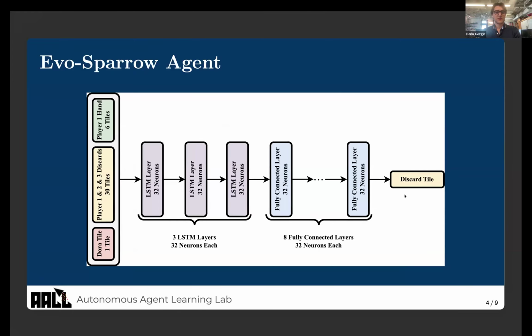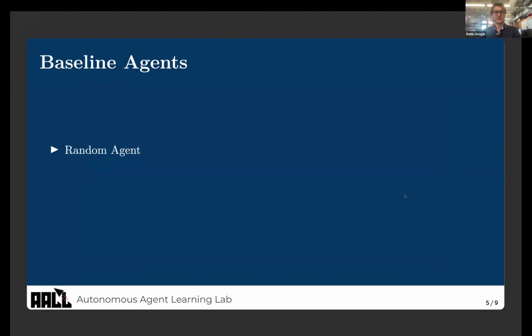And we compared our agent against 3 main baseline agents. First of all, we compared our agent against a random agent, where the player basically chooses which tile to discard completely randomly. And then we developed a rule-based agent, which has around 13 rules, and it's able to use some basic heuristics of the game to decide which tile to discard.